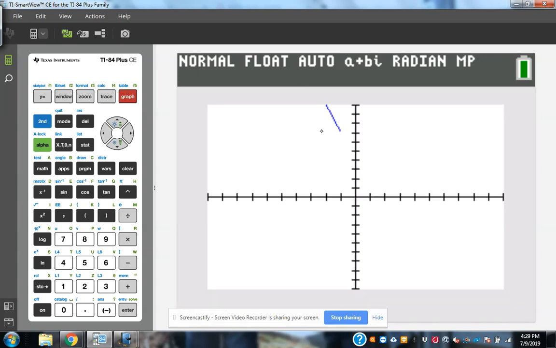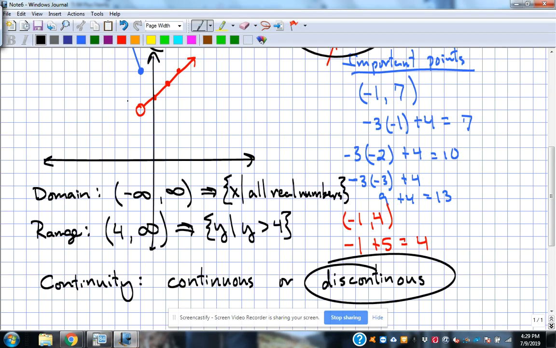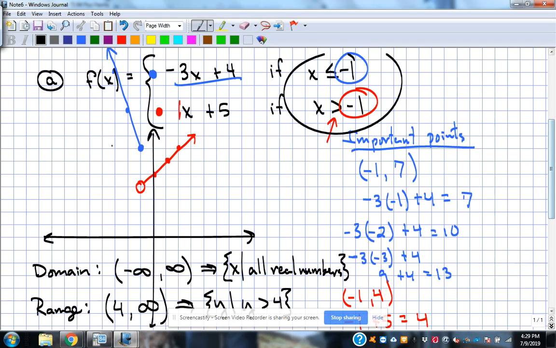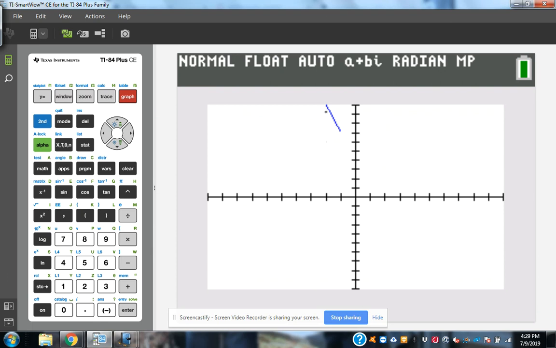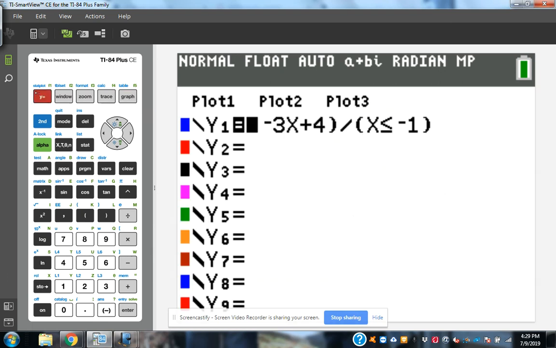That is the line that we drew by hand right here. Right? It's right up there on the graph. We see that piece. Then I'm going to hit Y equals, go to Y2, and put the second piece in there. So parentheses, and then x plus 5, close the parentheses, and then the division symbol, and then open up a set of parentheses.